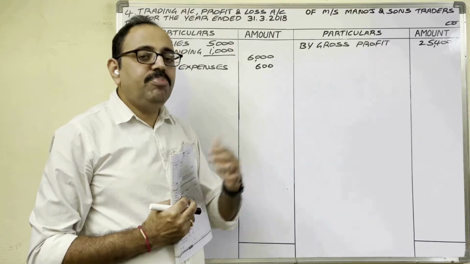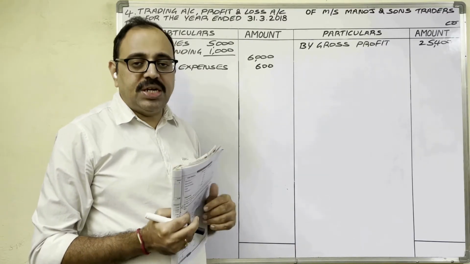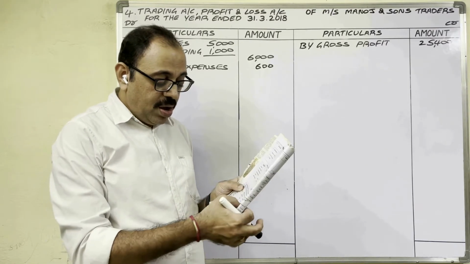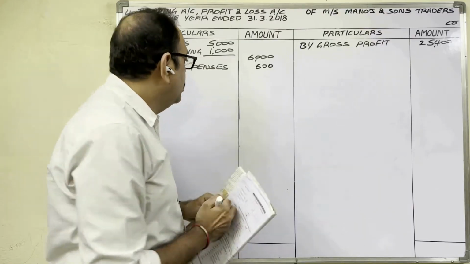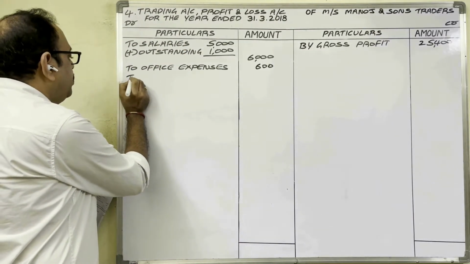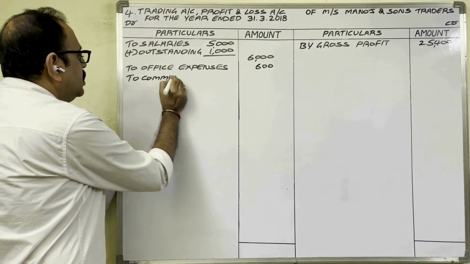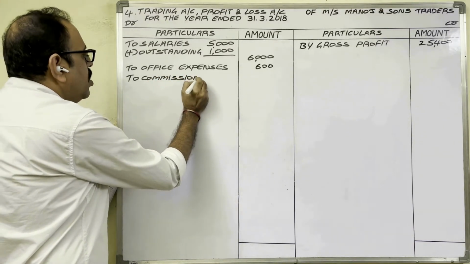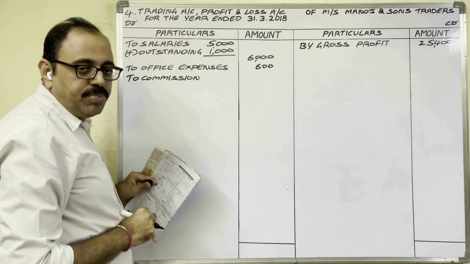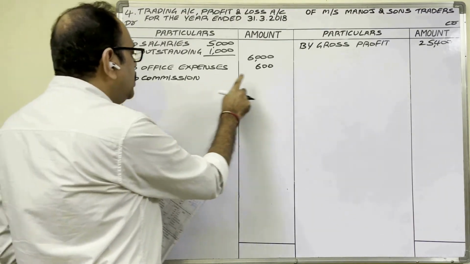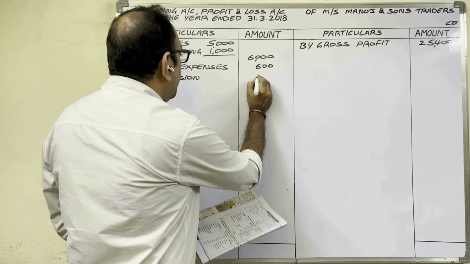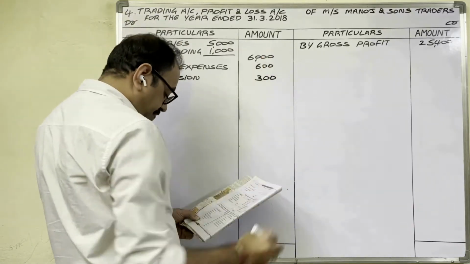It means it is commission paid. If it is commission received, he gives in credit column. This is an indirect expenditure, because commission is not related with manufacturing process. So commission here 300 rupees on debit side.